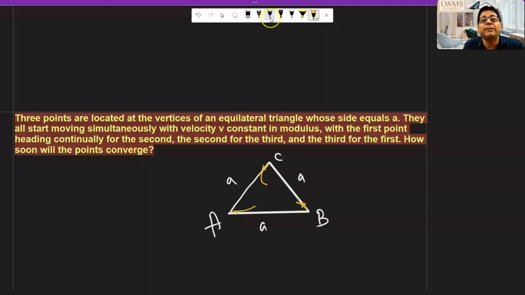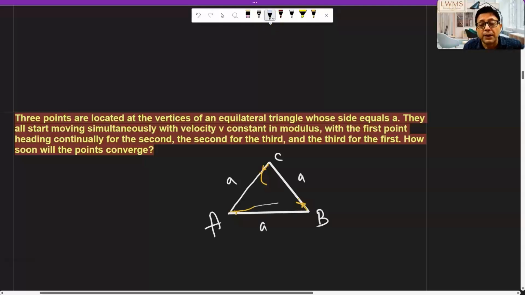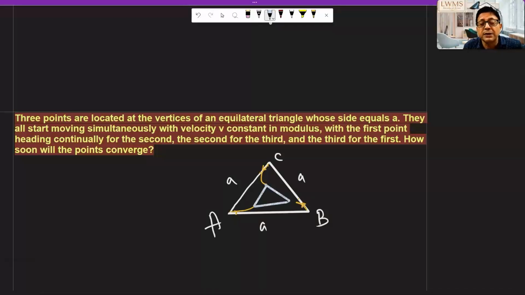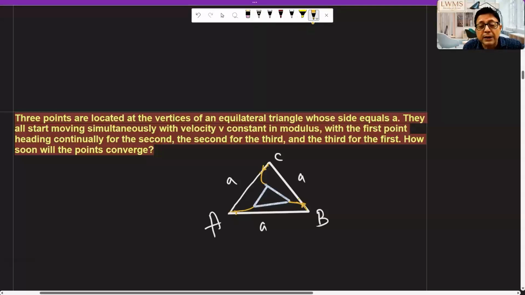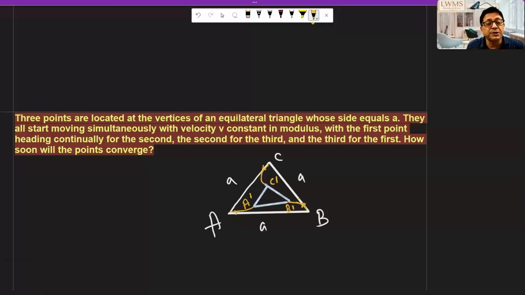If you join these 3 points, then it is going to be a reduced equilateral triangle because they have the same velocity. So your answer will be in such a manner that the examiner understands what you are going to say.